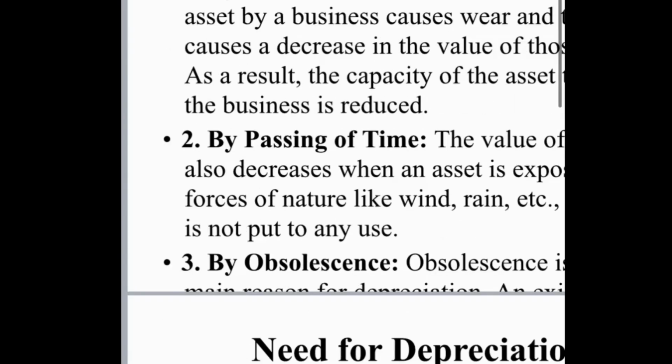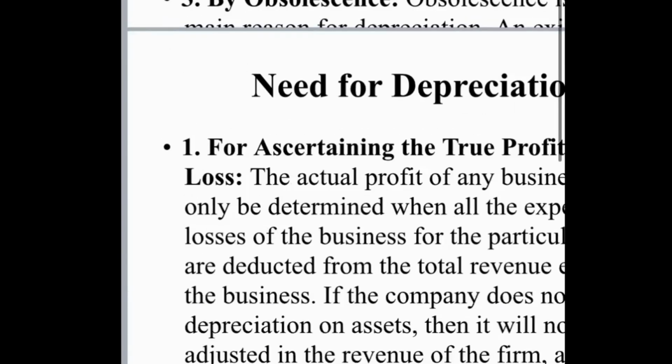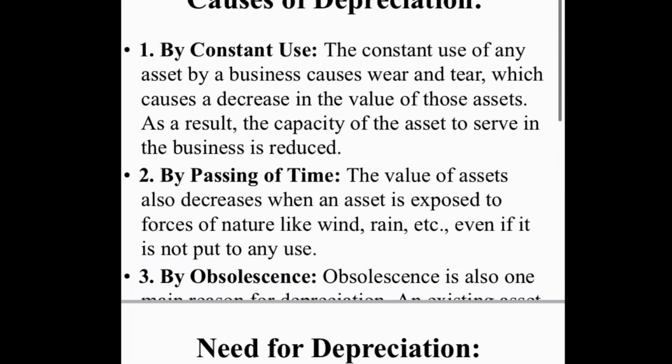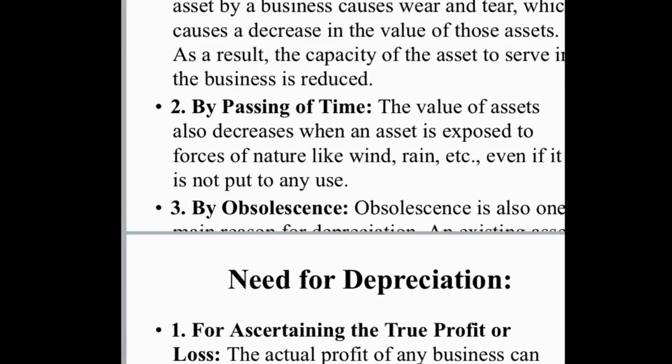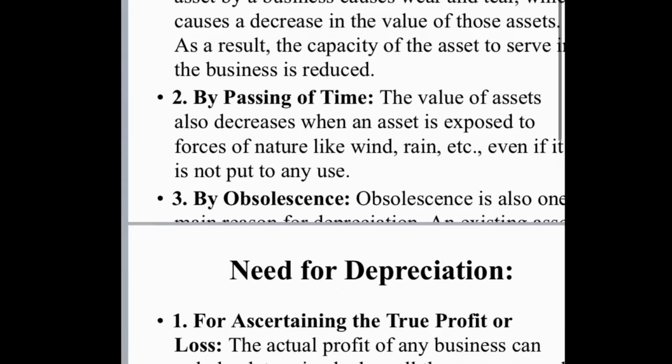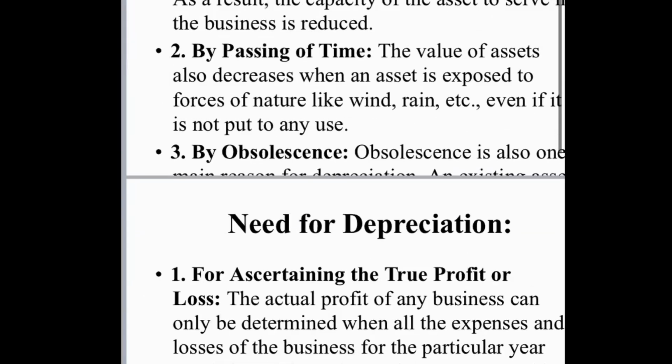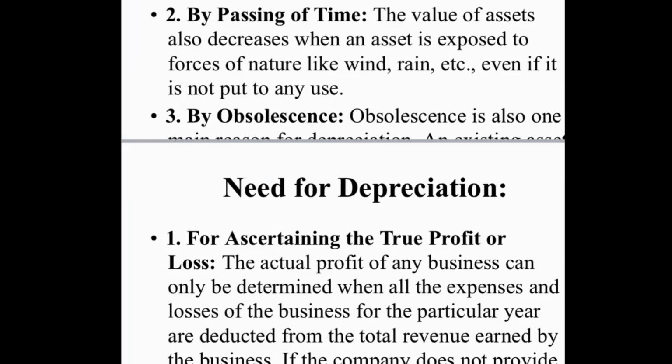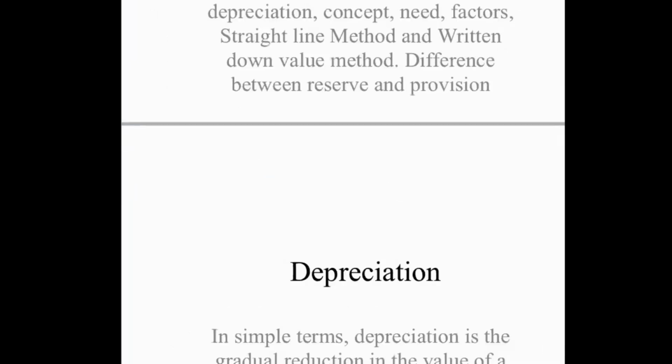What is the second one? By passing of time. By passage of time. If you are continuously using it over a period of time, the car value also decreases. Next one is obsolescence, which here means wear and tear.